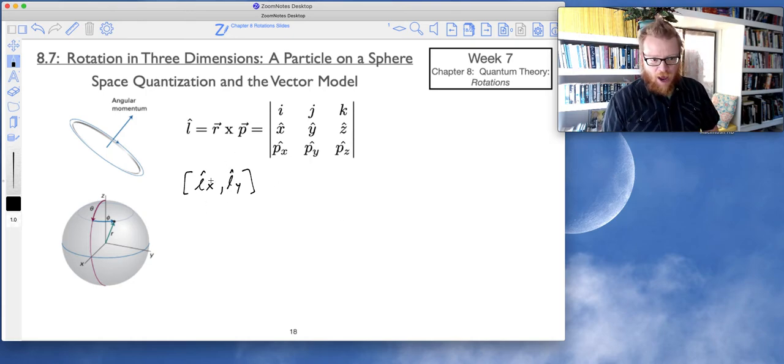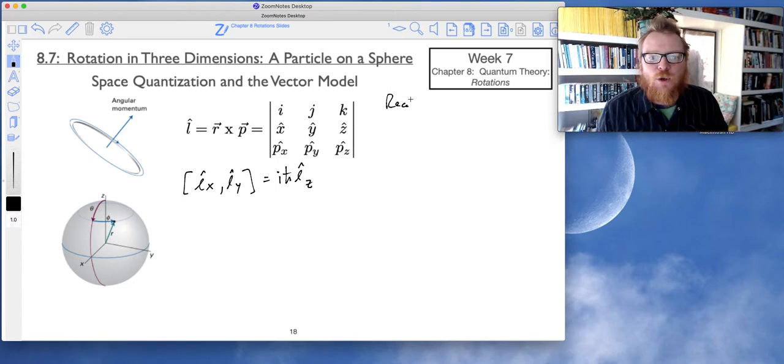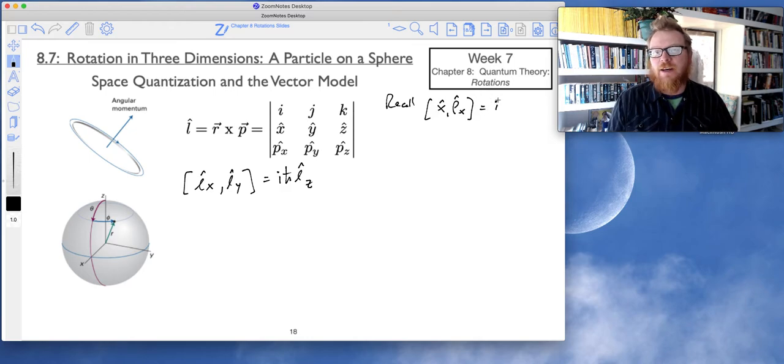As it turns out, the commutator between Lx and Ly is given by i h bar Lz, which is kind of cool, because recall in our standard two-dimensional translational Heisenberg uncertainty model, where we just looked at position and linear momentum, the commutator between those two was i h bar. So it's kind of cool that this works out to be i h bar Lz.